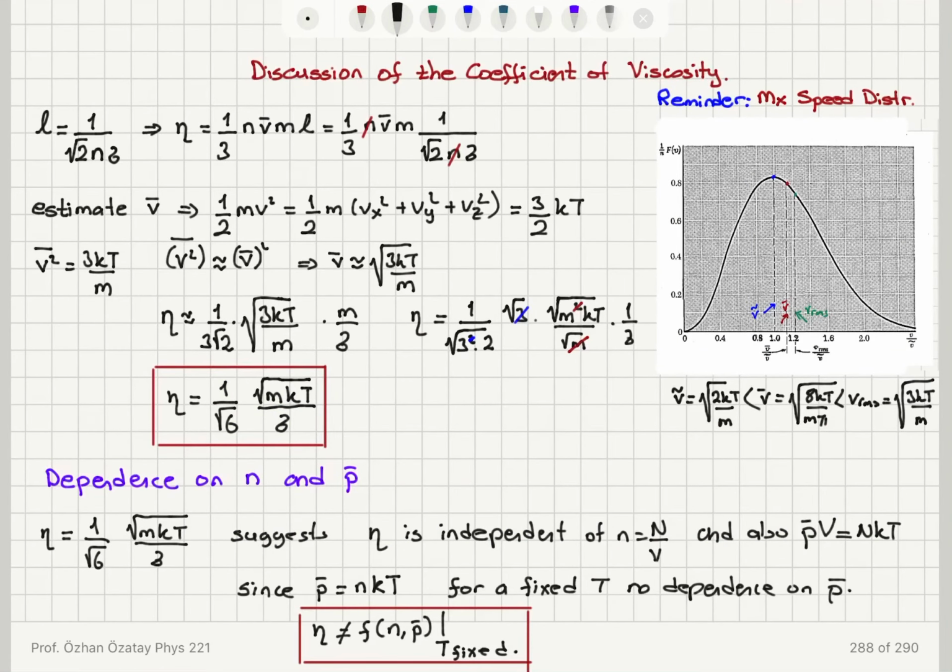Since the mean free path we have estimated to be 1 over square root 2 n sigma, where sigma is the total scattering cross section, by substituting this into our formula, and estimating v bar as very close to v RMS, we find that eta is 1 over square root 6 times square root of mkT over sigma.